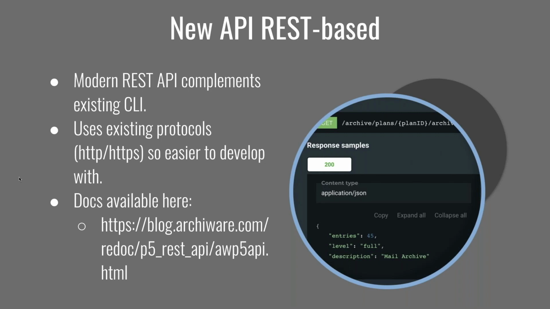In the future, we think the REST API gives the developer community around P5 many more options than was possible in the past with the old CLI. This is a really good investment for all our partners to have a look at this REST interface.